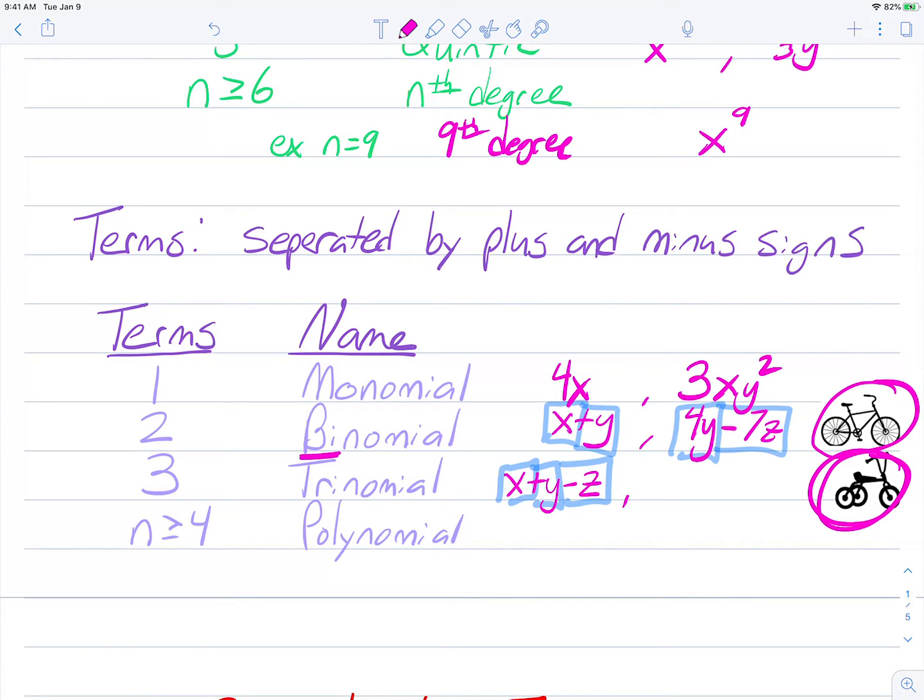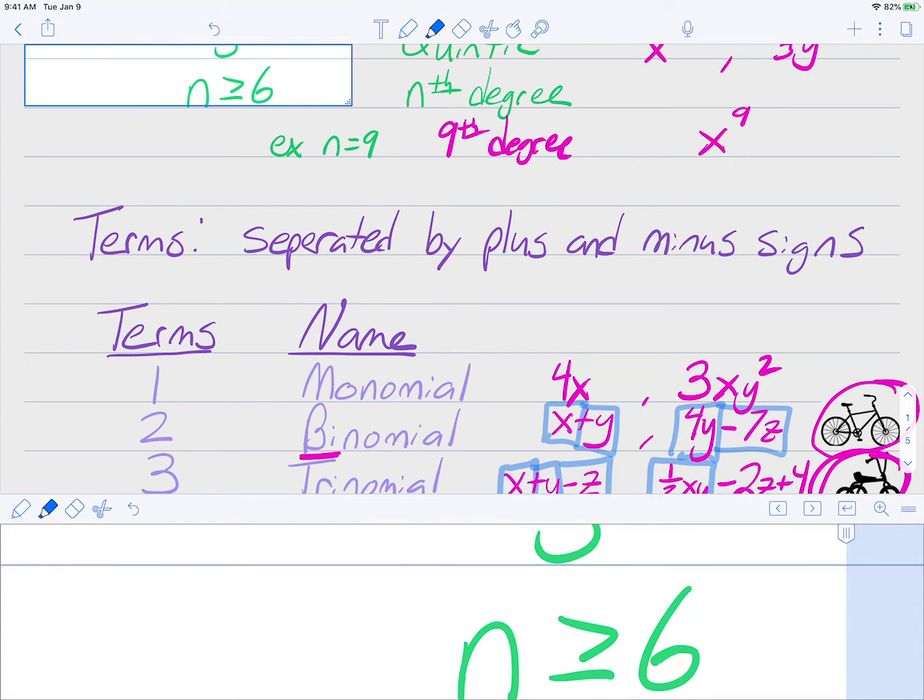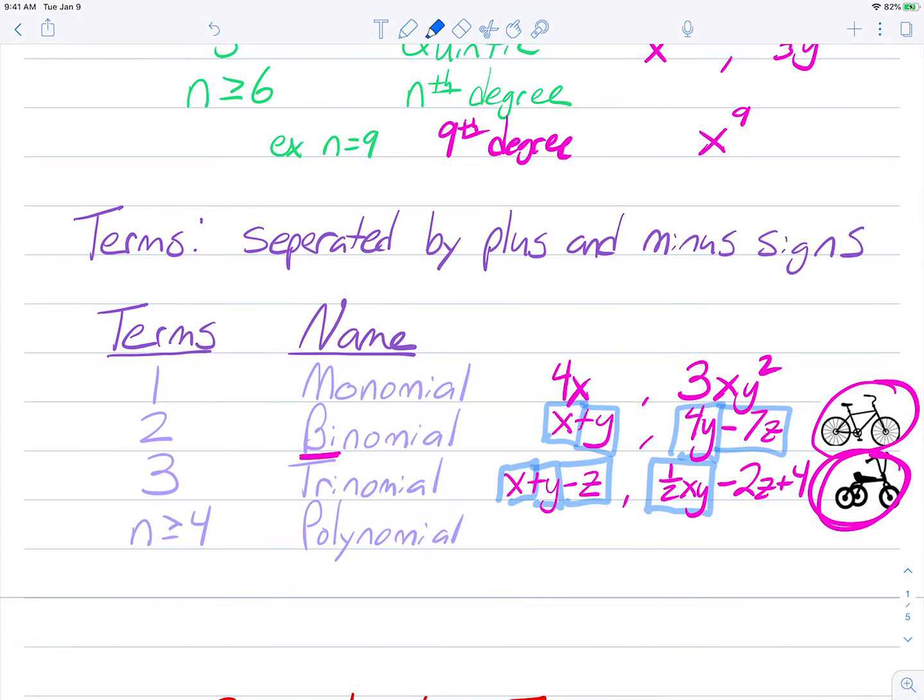Maybe we could also get something with a little more interest, like 1/2 xy minus 2z plus 4. That could be three terms. The first term is the 1/2 xy, because there's no plus or minus sign, so that all together is one term. The second one is minus 2z, and the third one is a plus 4.